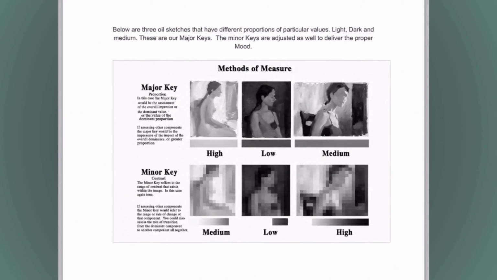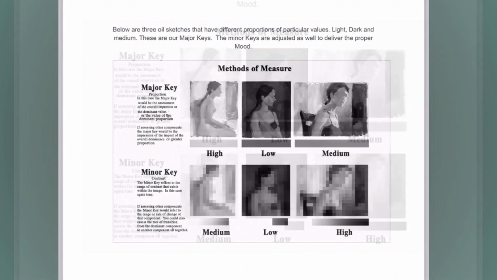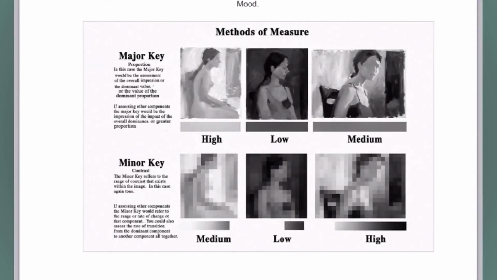Another way of looking at it is this way too. Here's 3 little comps. The one on the left is the major key is high, all right? And the middle one, the major key is low. And the one on the right it's really tough because it's kind of 50-50. It's in the middle. But there's a good portion that's middle value in there, right? Now, if we look at the bottom images, I kind of pixelated and grabbed those. We can see the minor key or range of contrast.